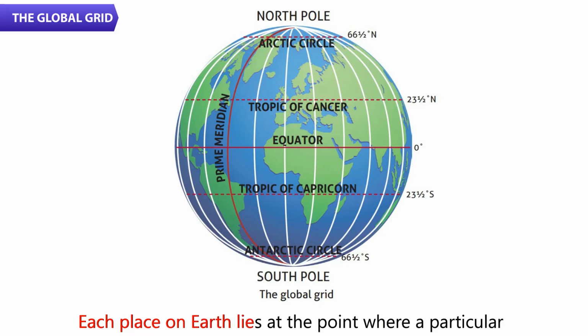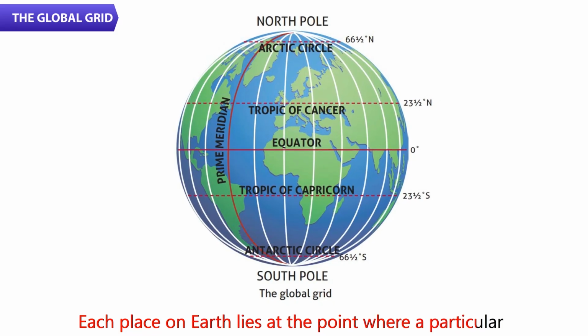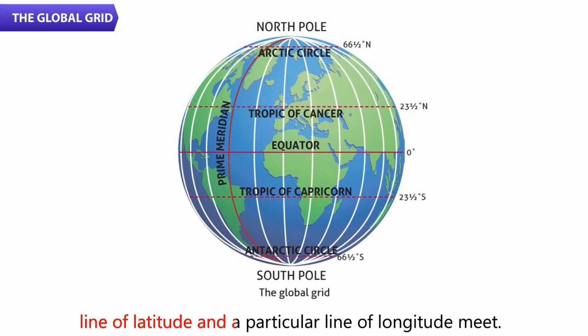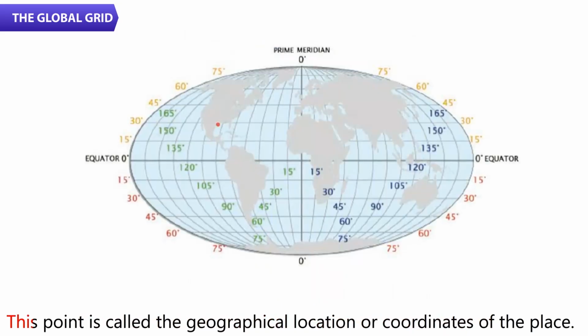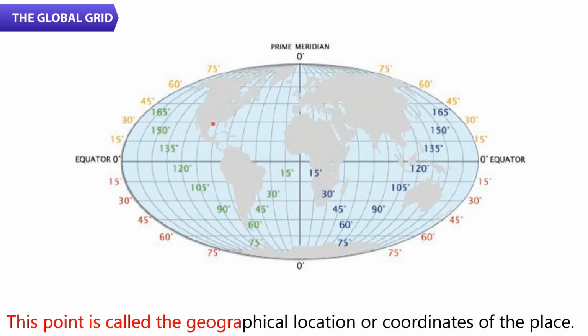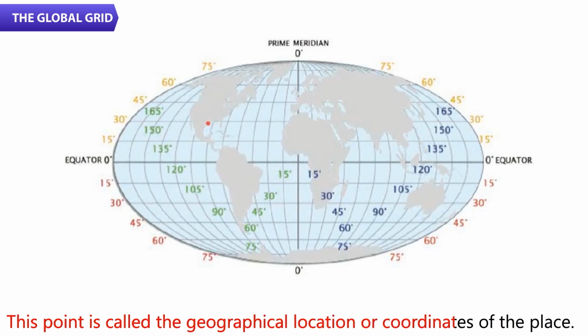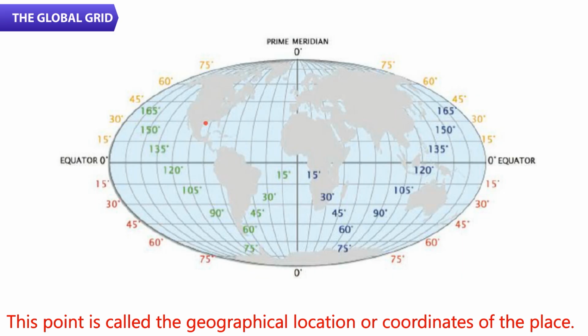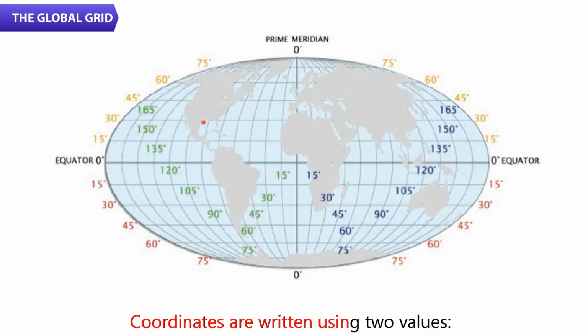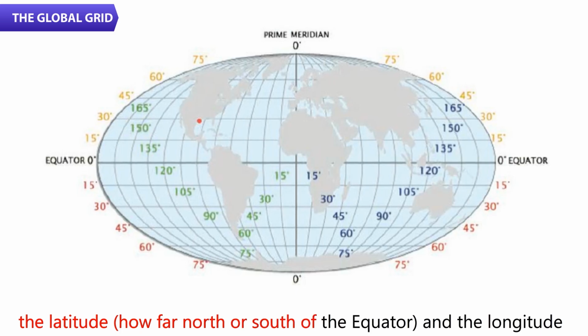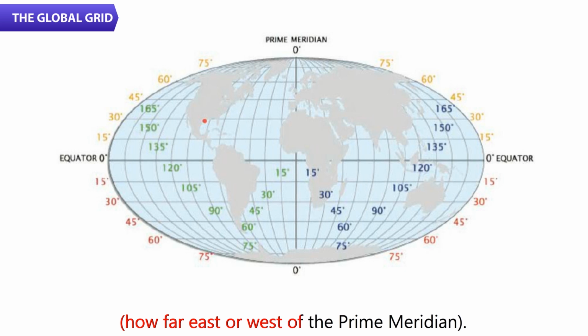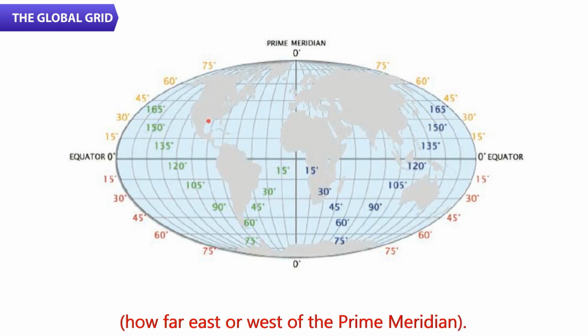Each place on Earth lies at the point where a particular line of latitude and a particular line of longitude meet. This point is called the geographical location or coordinates of the place. Coordinates are written using two values: the latitude, how far north or south of the equator, and the longitude, how far east or west of the prime meridian.